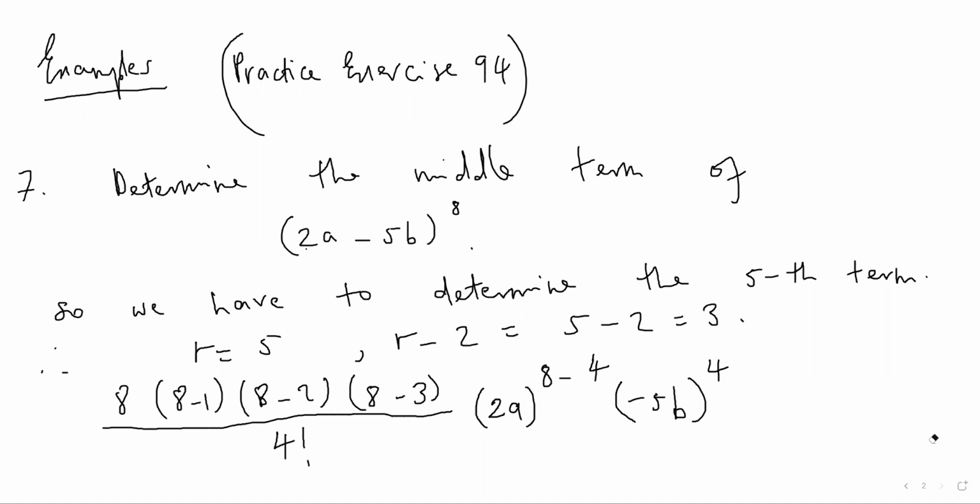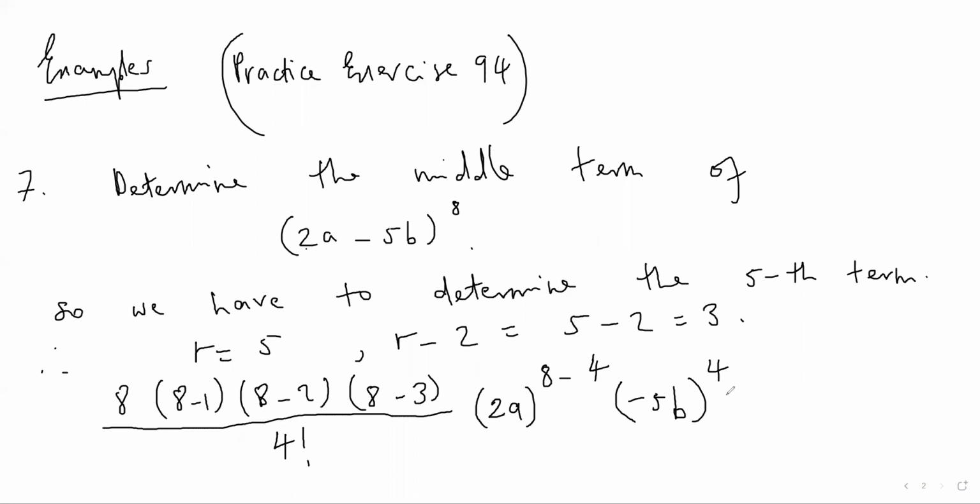Multiply this by 2 to the power 4 and multiply this by minus 5 to the power 4. And that will give us 700,000.